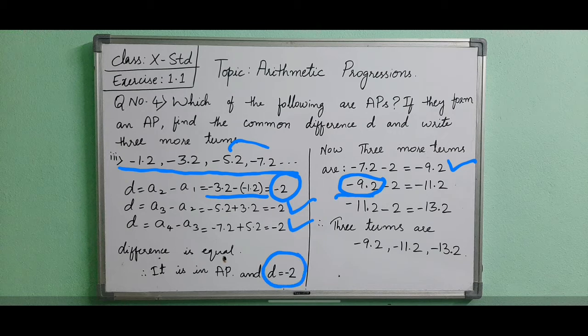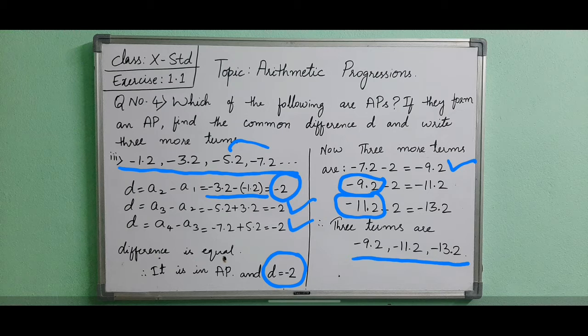Again in minus 11.2, we add minus 2. Minus 11.2 minus 2 is minus 13.2. So after these 4 terms given in the question, 3 more terms are minus 9.2, minus 11.2 and minus 13.2. This is your third question.